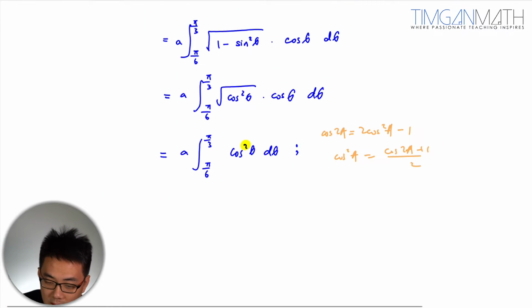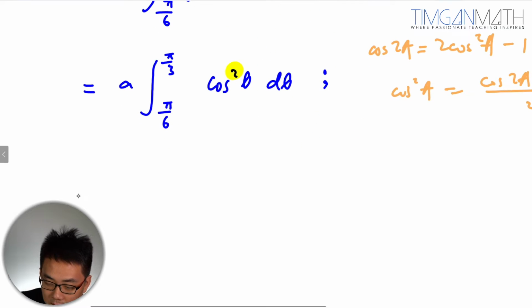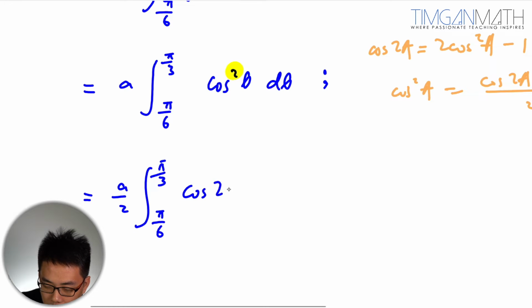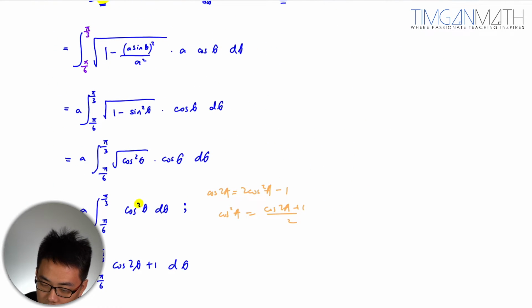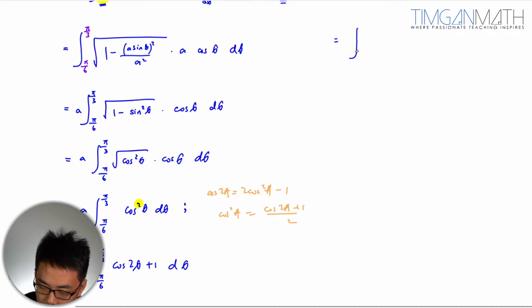So in this case, it will just be a over 2, integrate cosine 2 theta plus 1, which gives a over 2 times sine 2 theta over 2 plus theta, from pi over 6 to pi over 3.